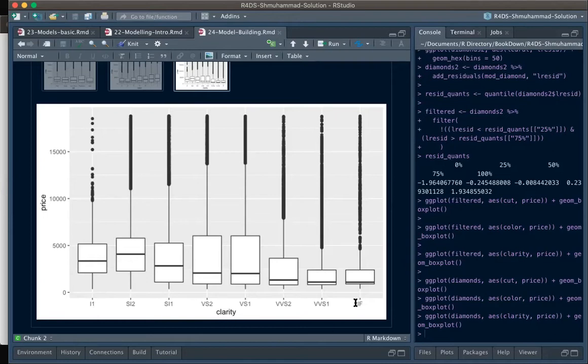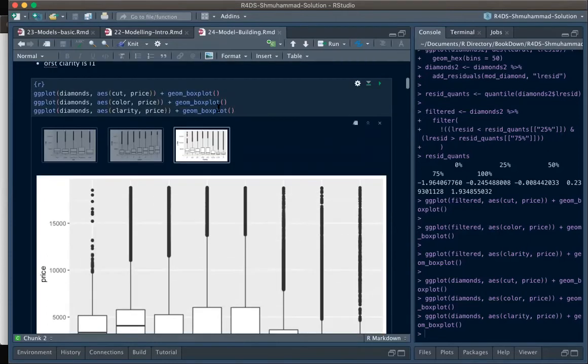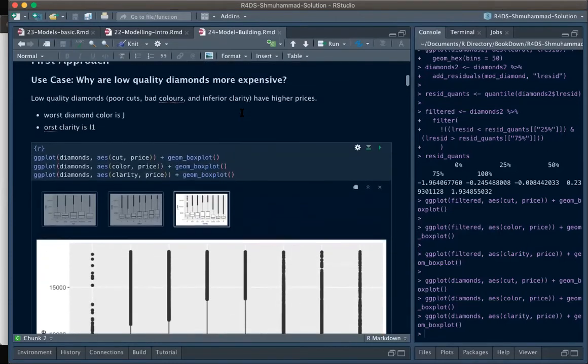You can see that the one with high clarity, the perfect, the good one, look at the price, low price. But this one, the worst clarity, look at its price, a higher price. So this is really a problem if we want to do modeling.